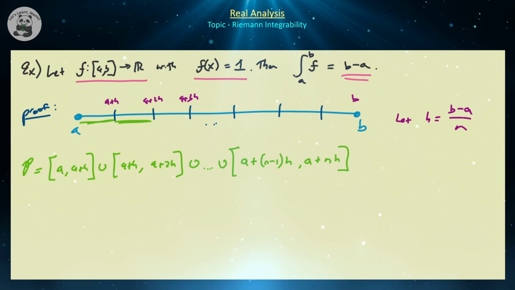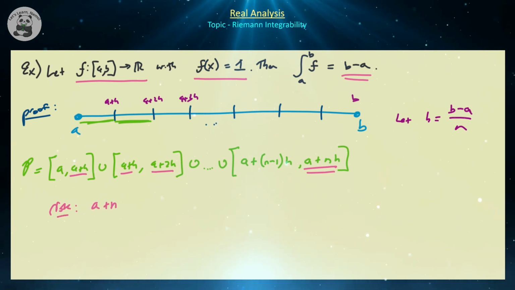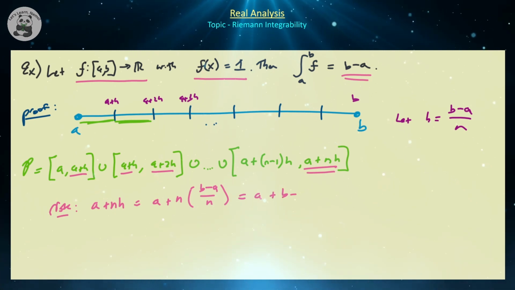So the claim here is that this partitions the closed interval AB, and obviously a plus h is less than a plus 2h, and a plus 2h is less than, inductively, a plus (n minus 1)h. So a plus nh, is that really equal to b? So let's investigate that right quick. So a plus nh will be equal to a plus n times (b minus a) over n. Those n's cancel, so we're left with a plus b minus a, which is precisely equal to b.